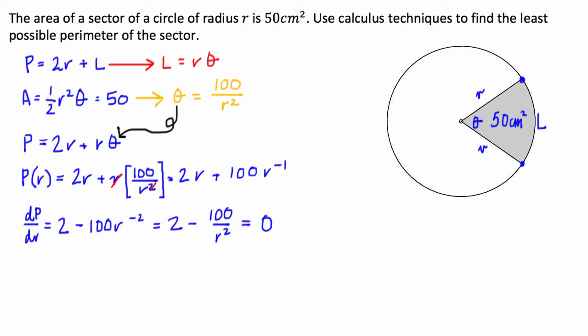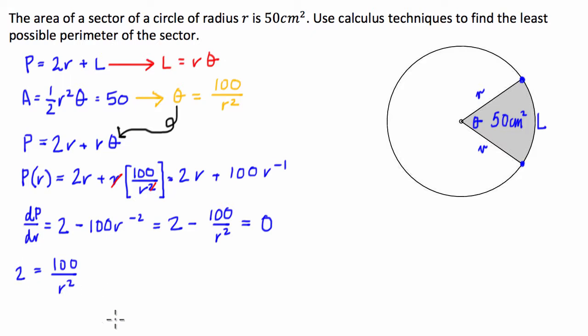So I'm going to rearrange this formula so I can solve for r squared. I take the 100 over r squared to the right-hand side, and I get 2 is equal to 100 over r squared.